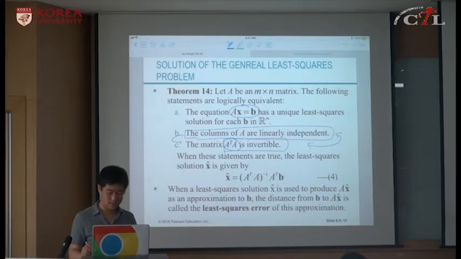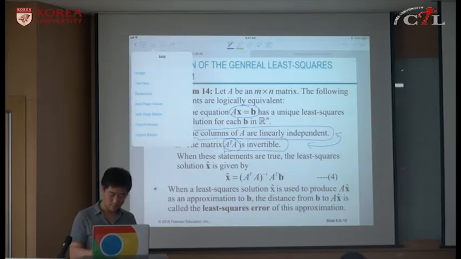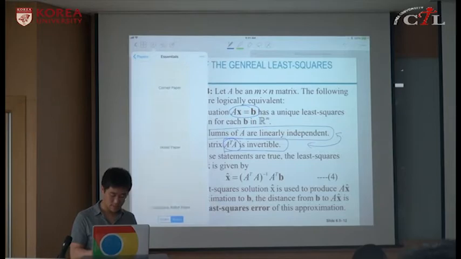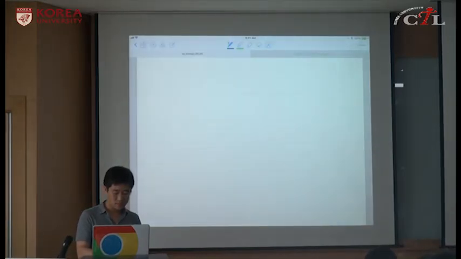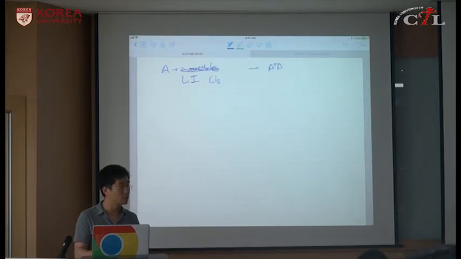Okay. So I want to briefly prove that. So A has linearly independent columns, and then A transpose A is invertible. So let's just form this homogeneous linear system.